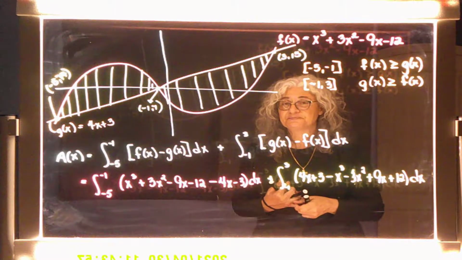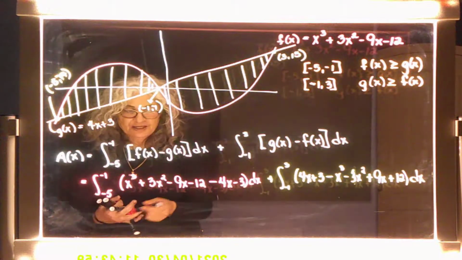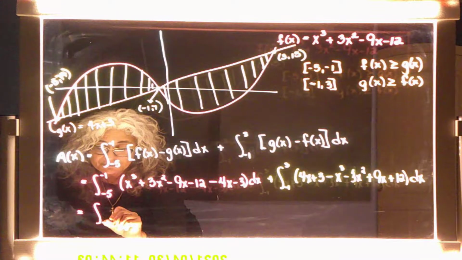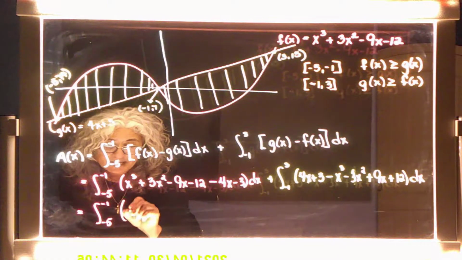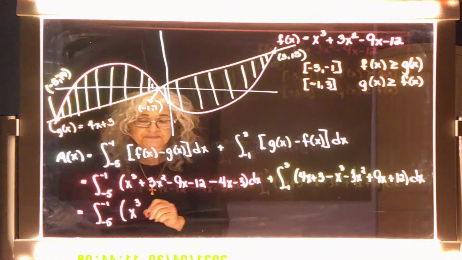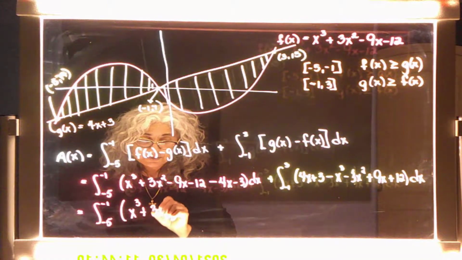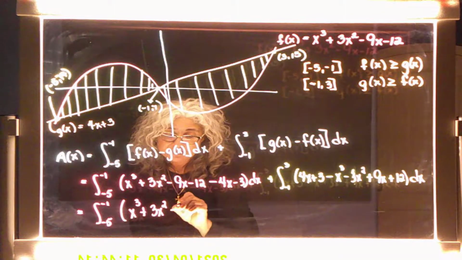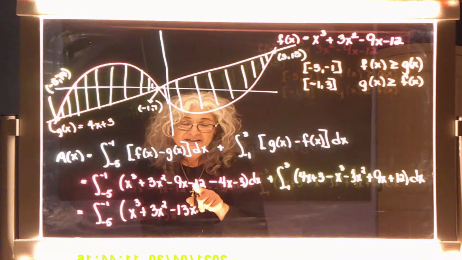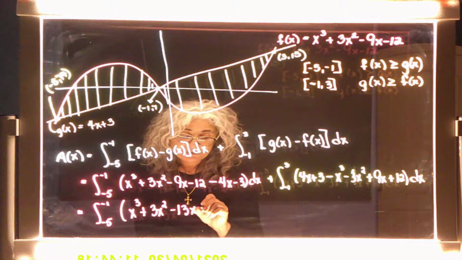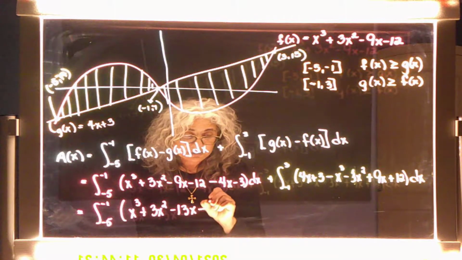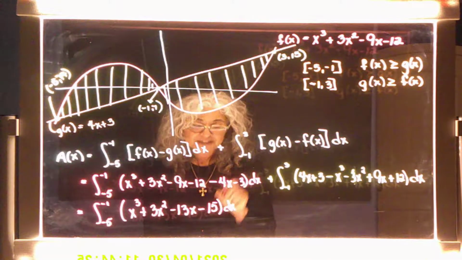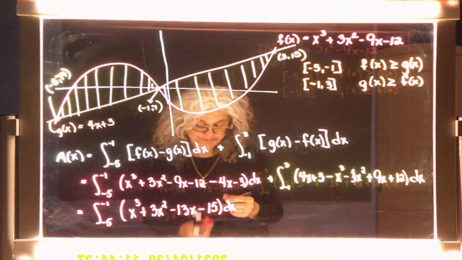Agreed? Okay. So let's start collecting some like terms. On the first integral from -5 to -1, I'm going to have x to the third plus 3x squared, and I can collect the -9x and the -4x, which is -13x, and the -12 and -3 will give me a -15 dx. Right?